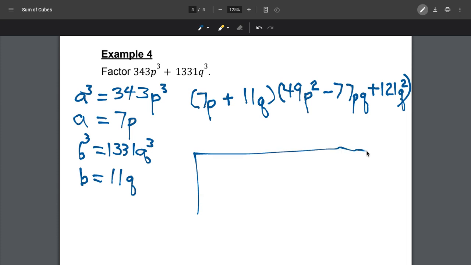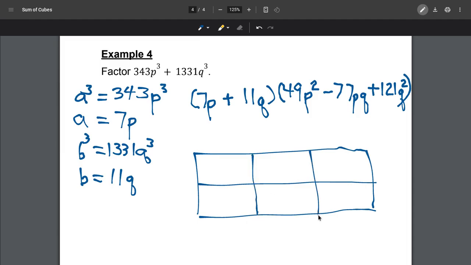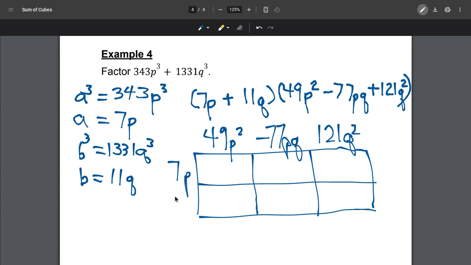All right, so we'll do our Punnett rectangle to check to make sure that we've factored this correctly. So we got 49p squared minus 77pq, and then 121q squared, and then we've got 7p plus 11q.